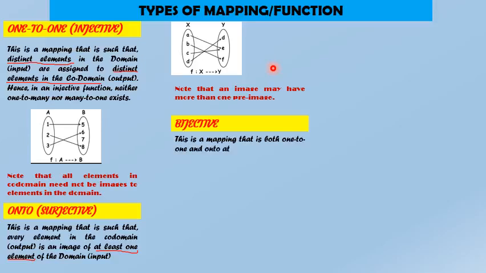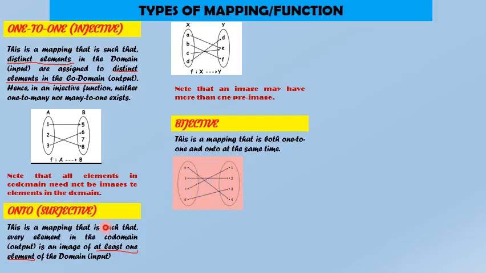When we say a mapping is bijective, it simply means it shares both properties of one-to-one and onto at the same time. So when a mapping is one-to-one and that mapping is also onto, then we say that mapping is an example of bijective. Let's look at an example of that.